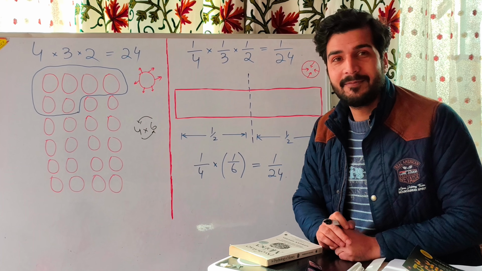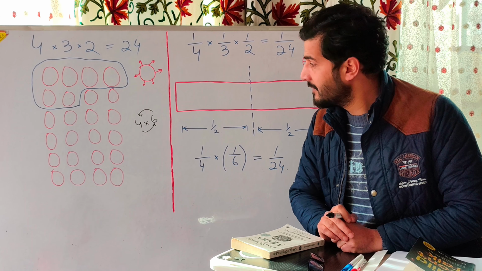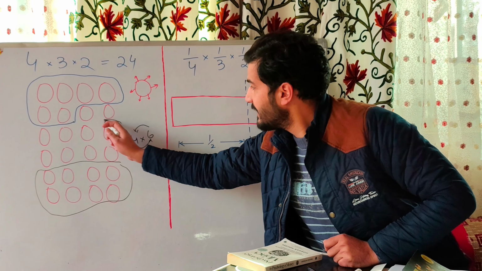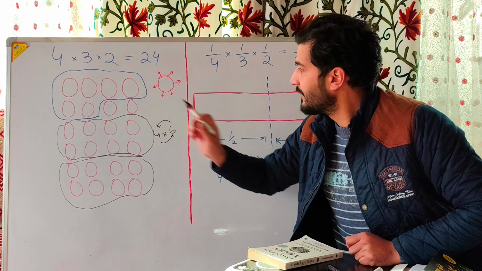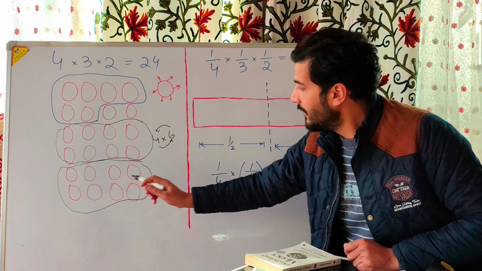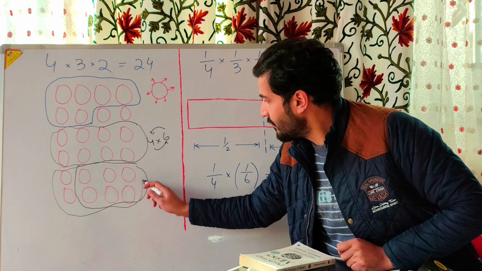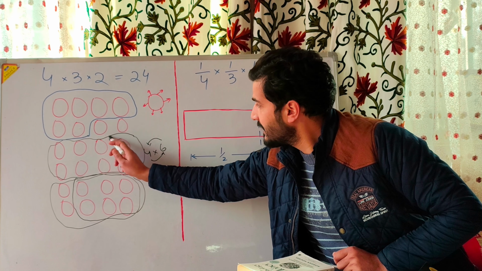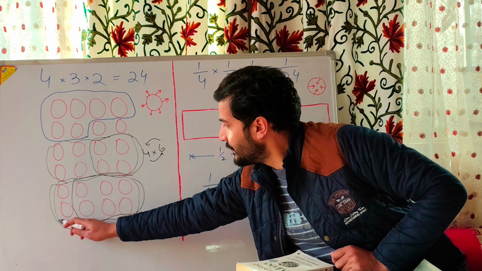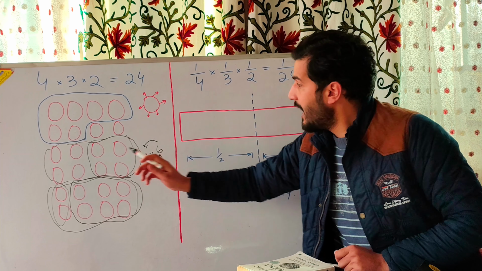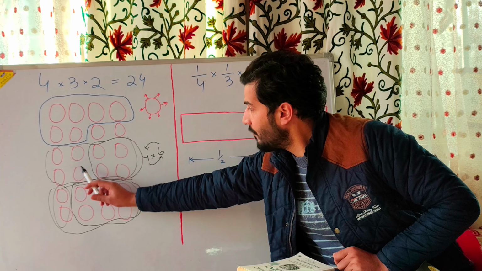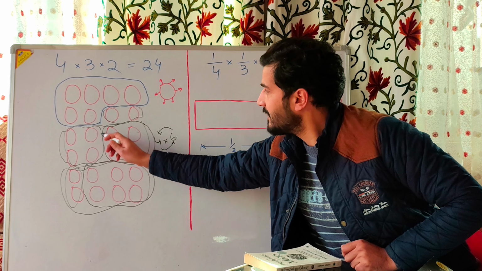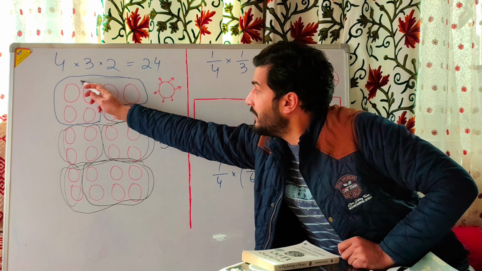How can we represent 4 times 6? This is the first 6, this is the second 6, this is the third 6, and this will be the fourth 6.